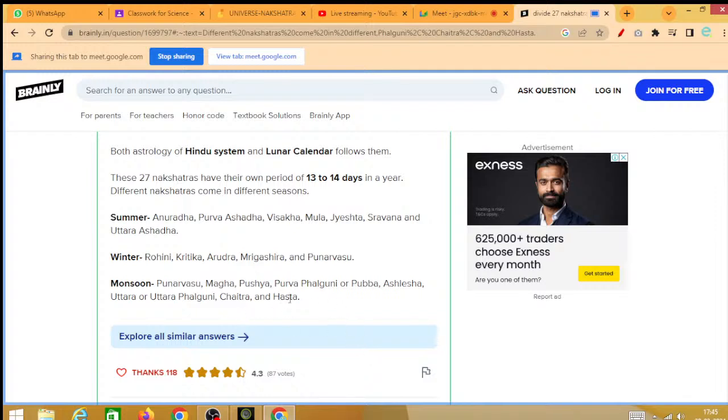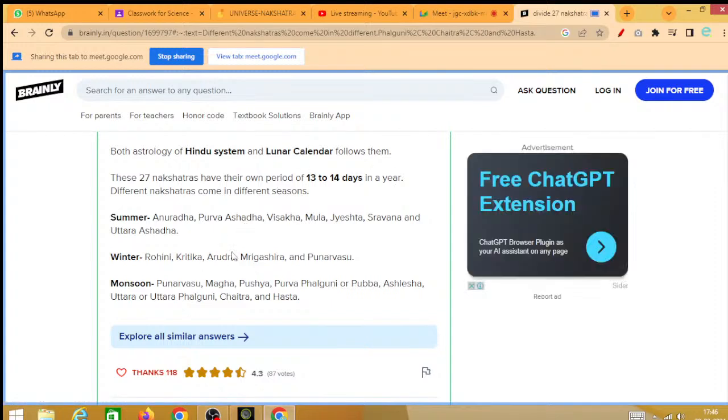No, how 20? 1, 2, 3, 4, 5, 6, 7, 8, 9, 10, 11, 12, 13, 14, 15, 16, 17, 18 only. So in summer, let's see. Anuradha first, then Purva Ashadha second, Vishakha. One second, let me get my lunar calendar, which is in Hindi. Just a second. I'll try and find out.